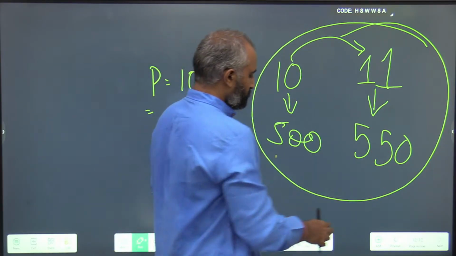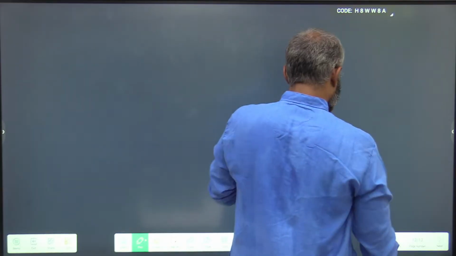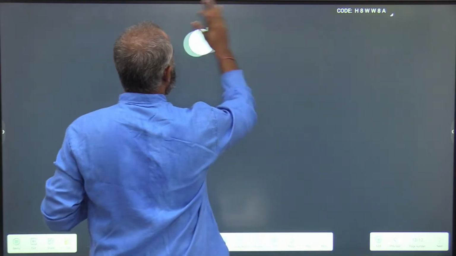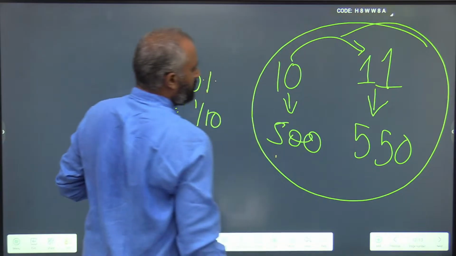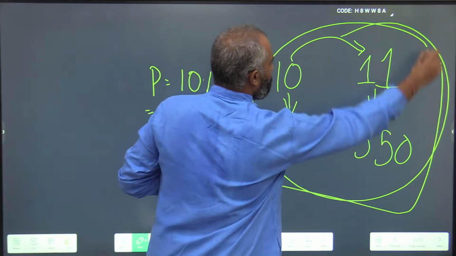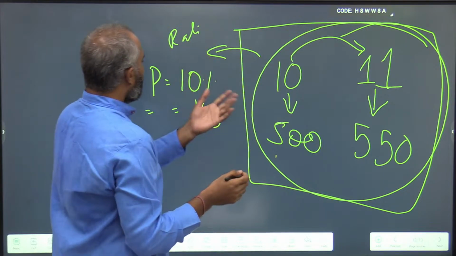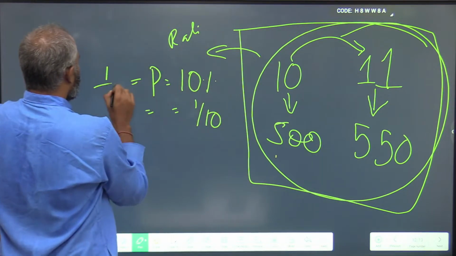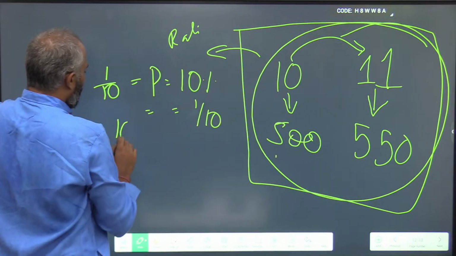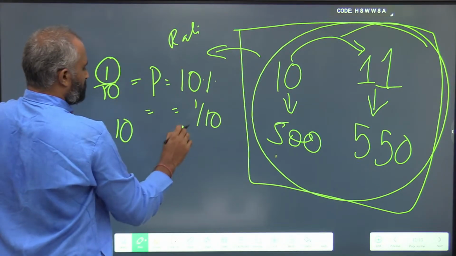Okay. Now this is nothing but the ratio approach. What have I done? Percentage is 1 by 10. That means if I have 10 units, I am gaining 1 unit. So this becomes 11.